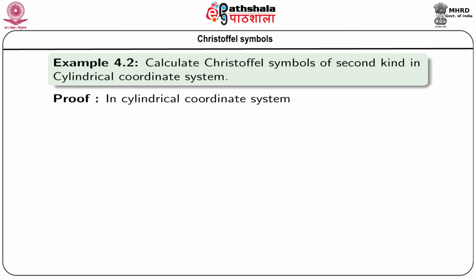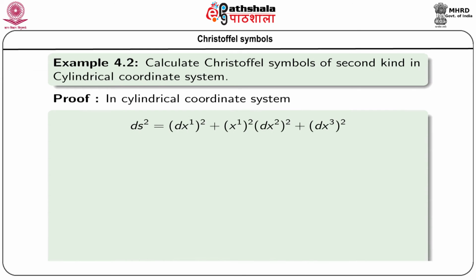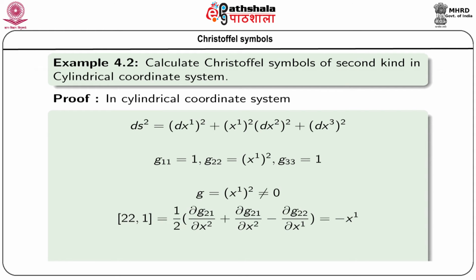In cylindrical coordinate system, we know from the previous chapters that ds square has the expression dx1 square plus x1 square dx2 square plus dx3 square, where g11 equals to 1, g22 equals to x1 square and g33 equals to 1. So, the determinant of g_{ij}, that is g, is coming to x1 square, which is not equal to 0 unless x1 equals 0.